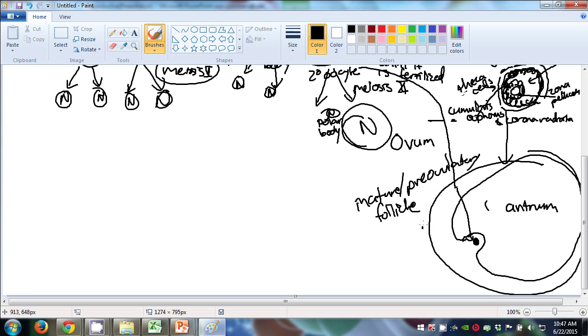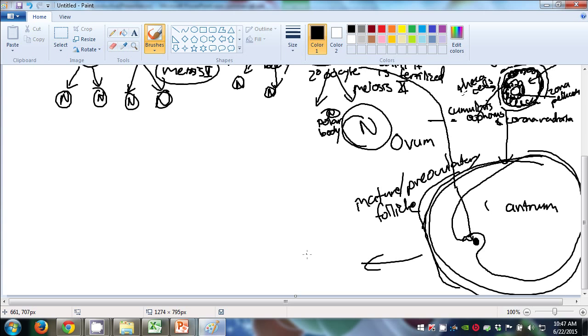And then you have the theca cells, the theca interna and the theca externa around that. At this point in time, ovulation will eventually occur with this secondary oocyte.